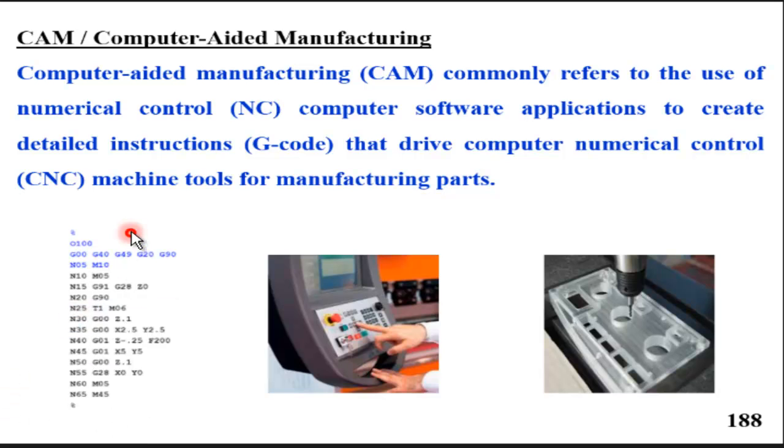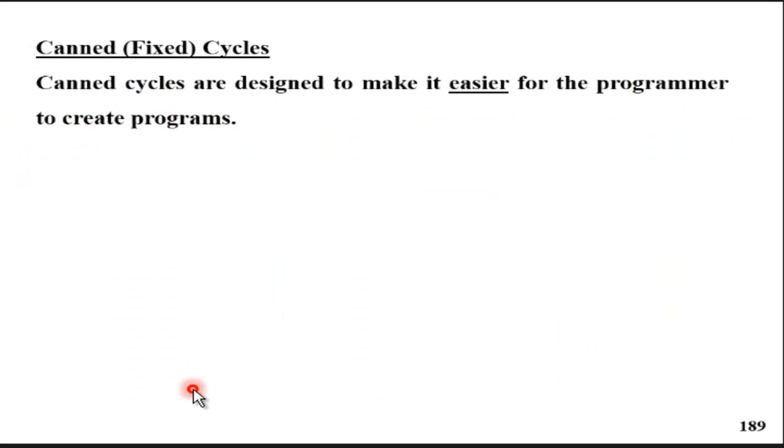It is a code, machine, and final product. To facilitate the creation of that code, there are what we call canned cycle or fixed cycle.